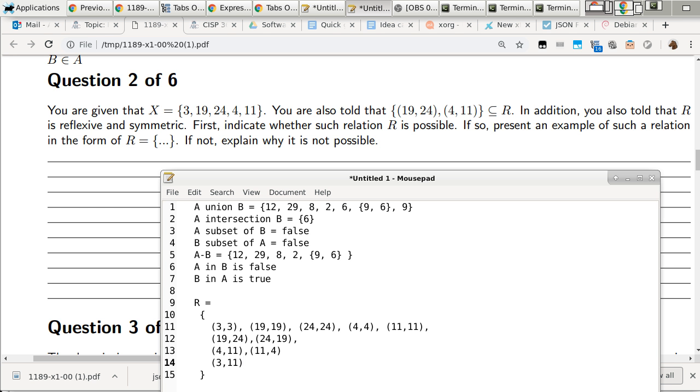So just do the minimum to make it meet all the requirements. Don't do any additional work because it's not worth it. So this would be the correct answer. This would be the minimum set to meet all the requirements of question number 2.